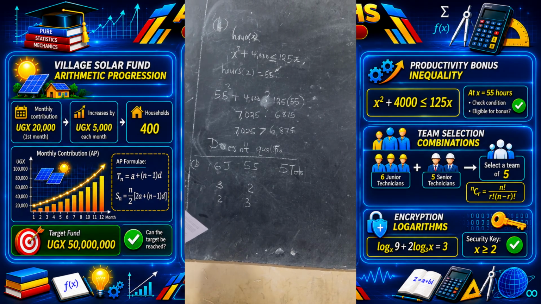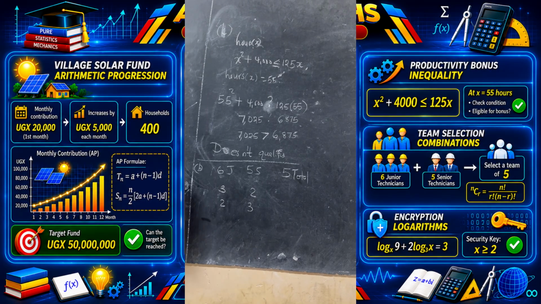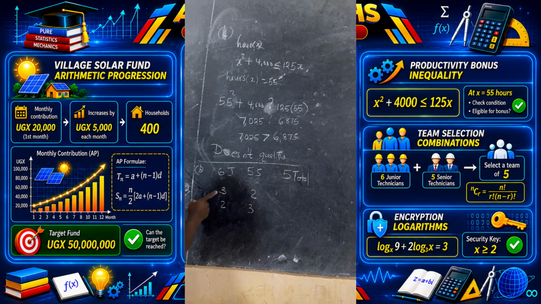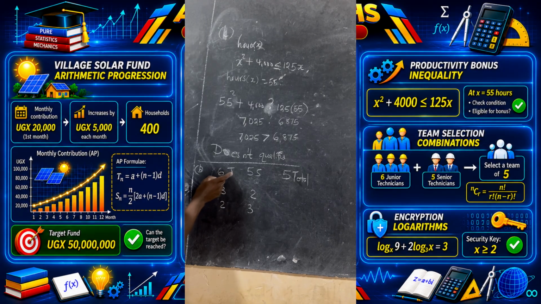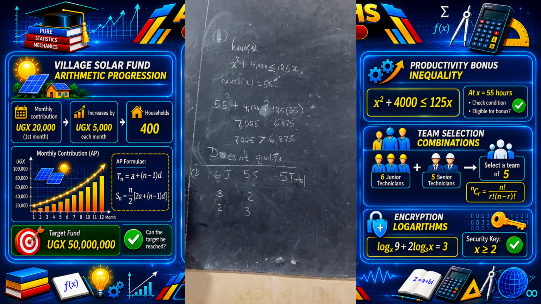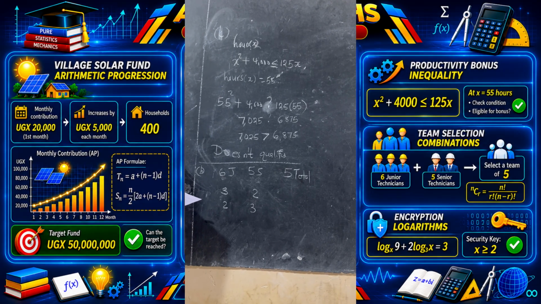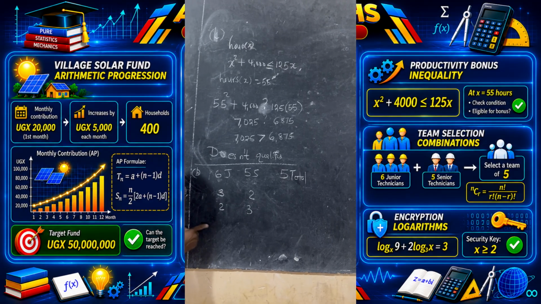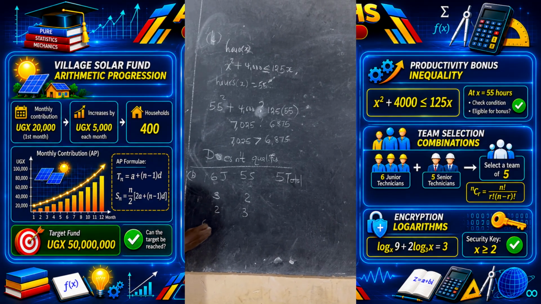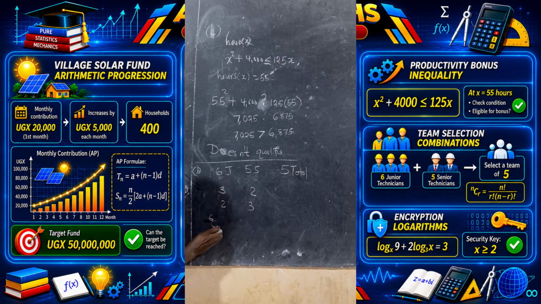Now, what I will do at this point, I'll need to combine their efforts. And how do I get the teams that I'm going to generate? They say advise the maintenance supervisor on the effectiveness of the team. So I'm going to say that out of the 6 juniors, I'm choosing 3.